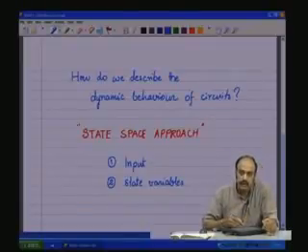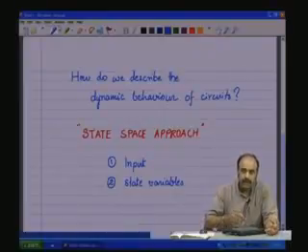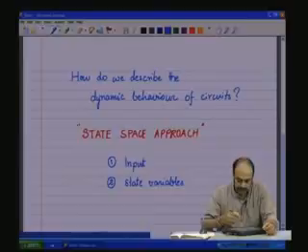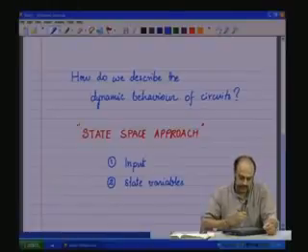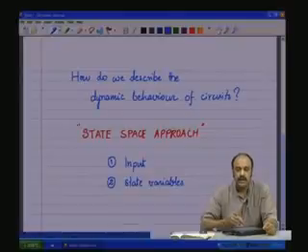The input is the source voltage or the source current, as the case may be in any given circuit, and the state variables. You may not have come across state variables. Let me give you an idea about state variables before we proceed further in this state space approach. If we have the knowledge about the input variable value and the state variable values, then the whole system can be defined.